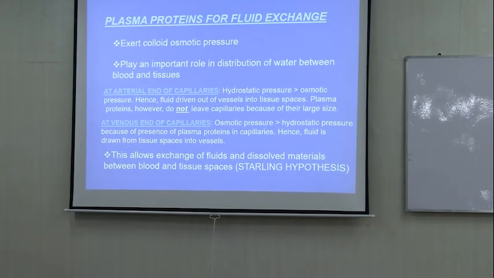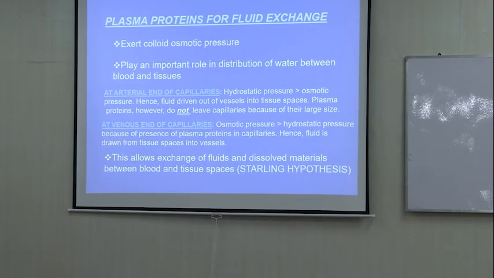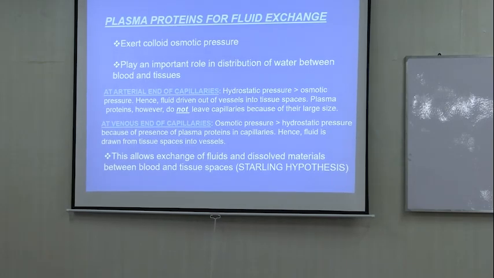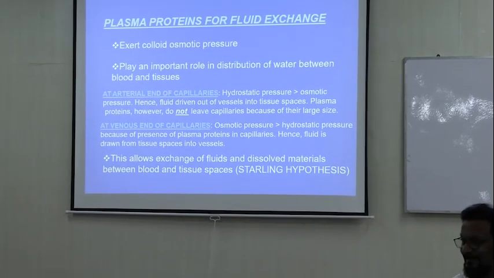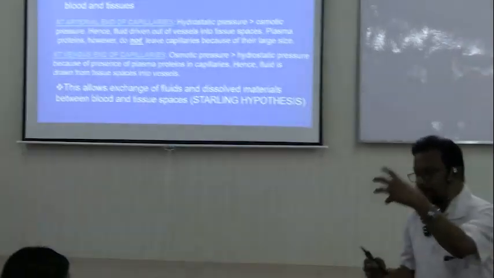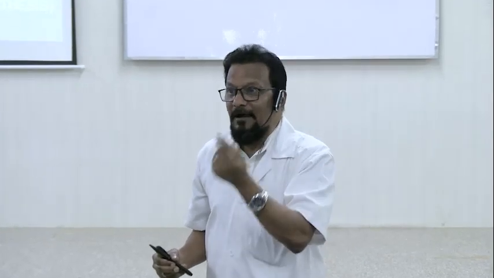Now think about what happens at the venous end. The reverse. Since water has come out of the vessel, hydrostatic pressure will be reduced at the venous end. Blood has traveled to that part, so it will be reduced. Now instead of 35, it is 15.